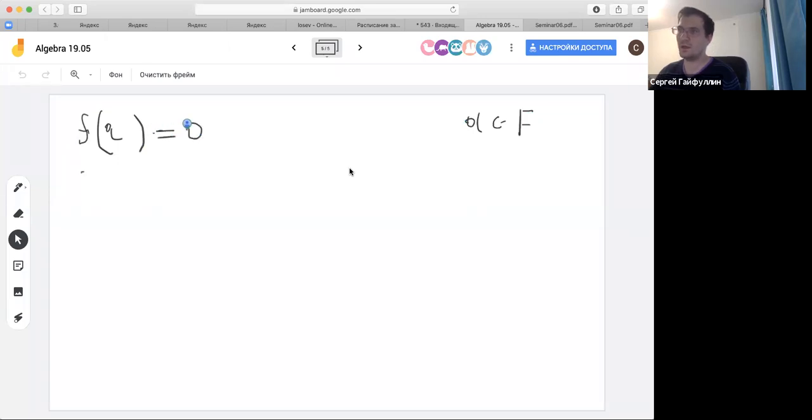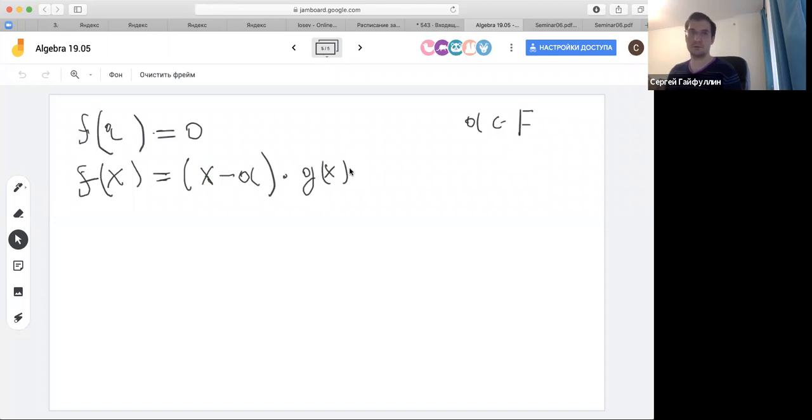Then f is just the product of x minus a multiplied by some g, where g is the result of division of f by x minus a, and there is no remainder by Bezout's theorem.